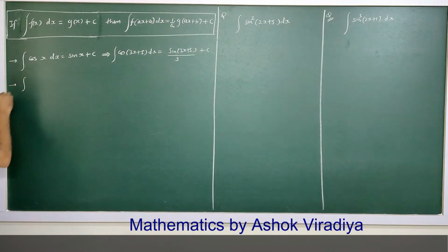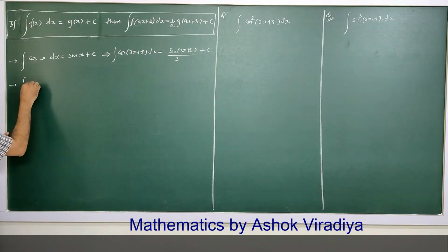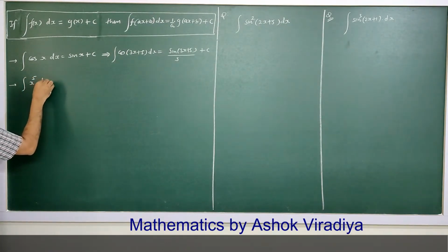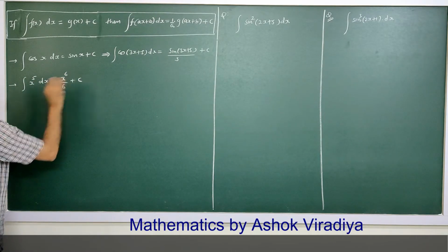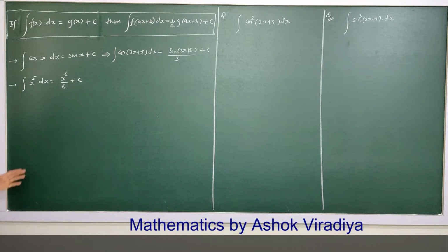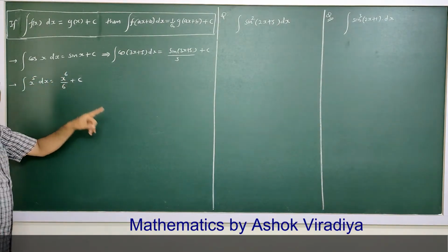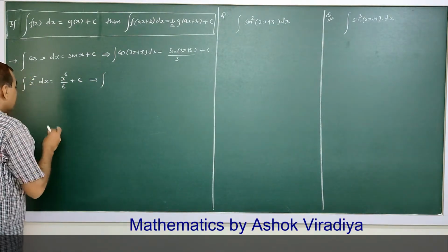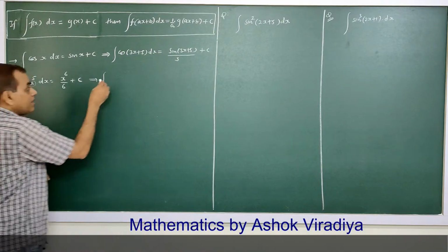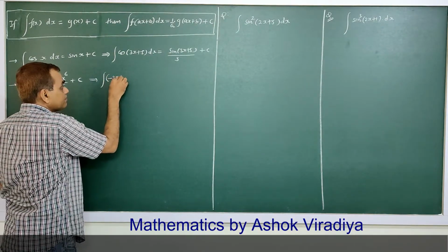Integral of x raised to 5 is x raised to 6 by 6 plus c. This is a simple formula: x raised to n gives x raised to n plus 1 upon n plus 1 plus c. That means now here I replace this x by ax plus b.